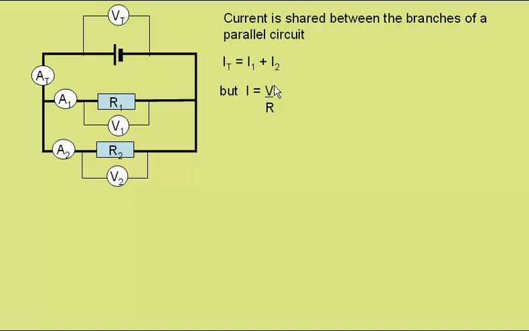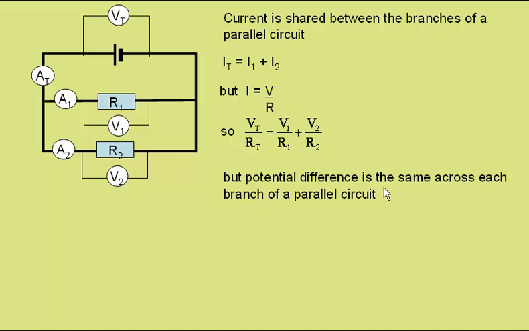So substituting in for potential difference over resistance in this formula gives us the total potential difference divided by the total resistance is equal to potential difference across resistor 1 divided by resistor 1 plus the potential difference across resistor 2 divided by resistor 2.